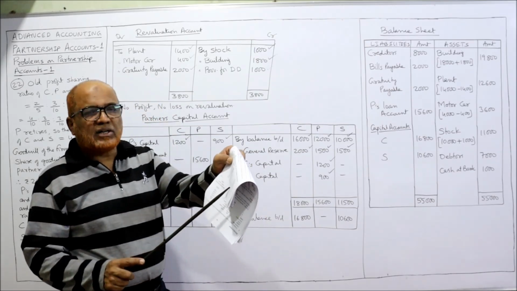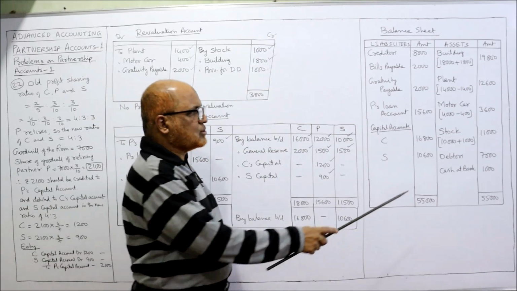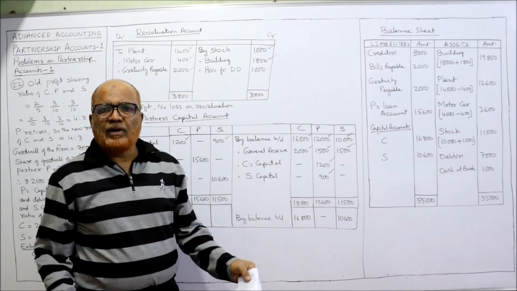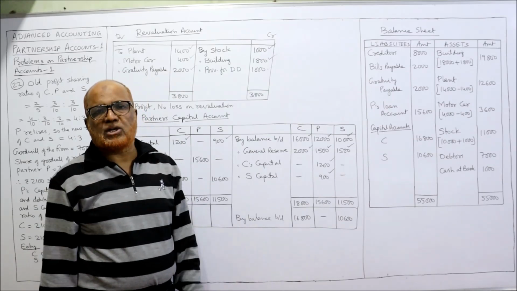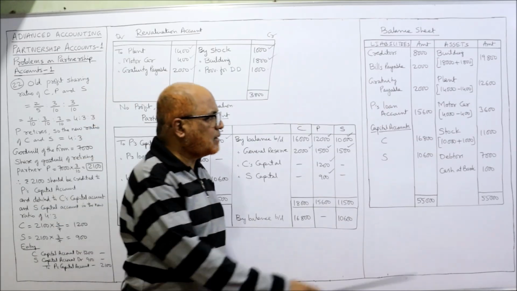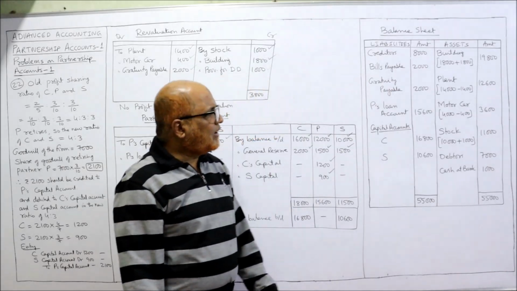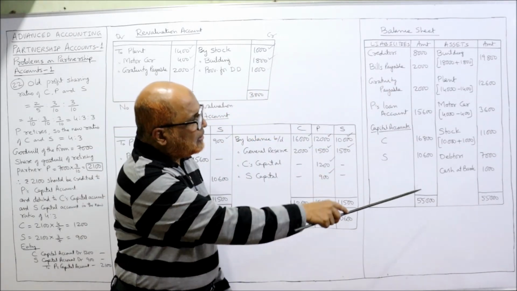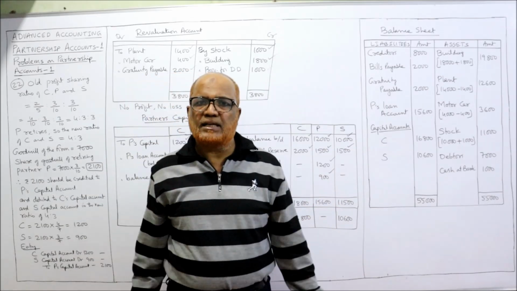So don't deduct 1,000, directly you take 7,000. Debtors 7,000. Cash at bank 1,000. We have not made any entry for cash. So cash will remain the same, 1,000. Now find out the total on the liability side, 55,000. Asset side also 55,000. Balance sheet tallied.